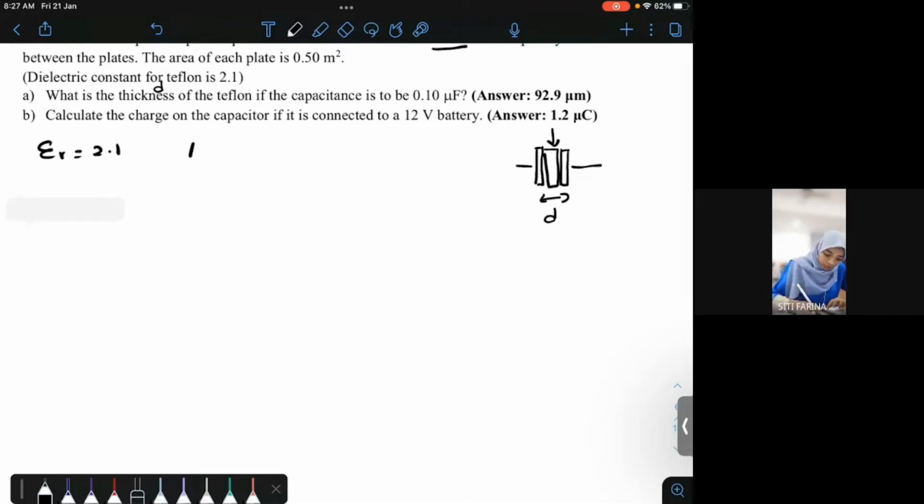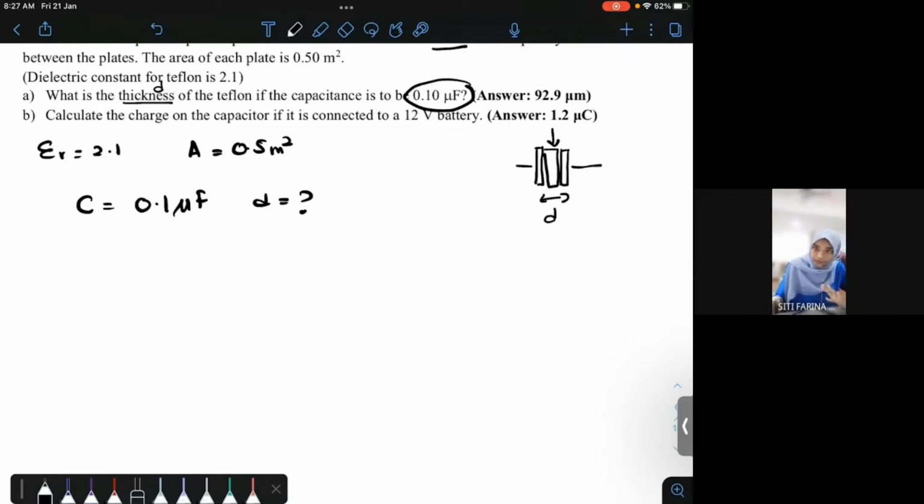Okay, given epsilon R, area is 0.5 meter square and dia suruh cari apa thickness for us to have a capacitance of 0.1. So dia dah kata C kita kena 0.1 microfarad. So what is the D? Okay, so C kita akan sama dengan you have already inserted dielectric.